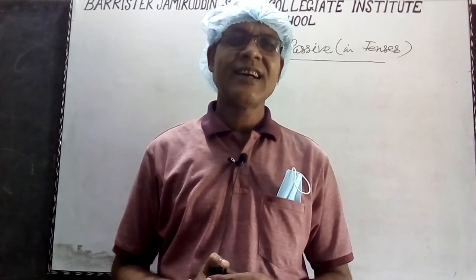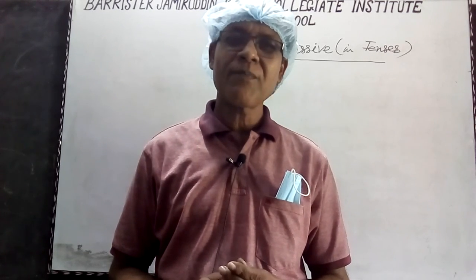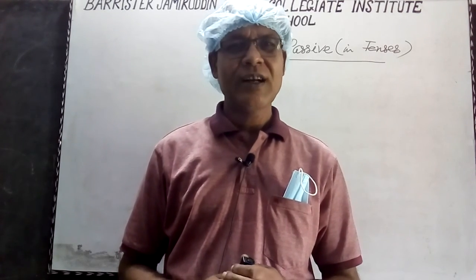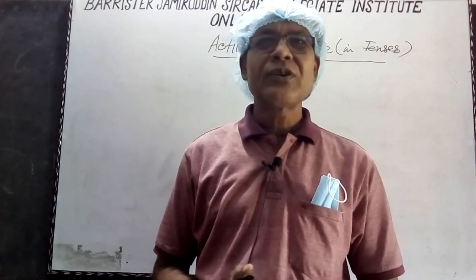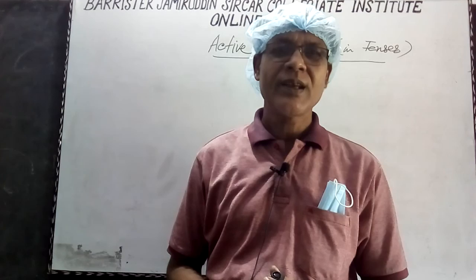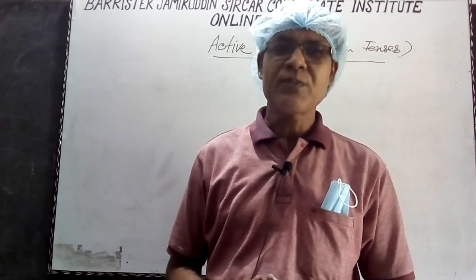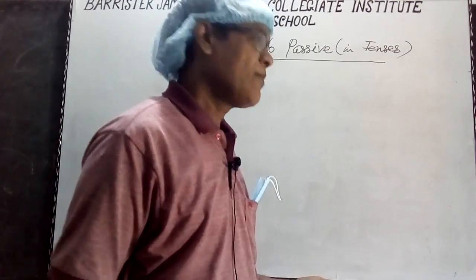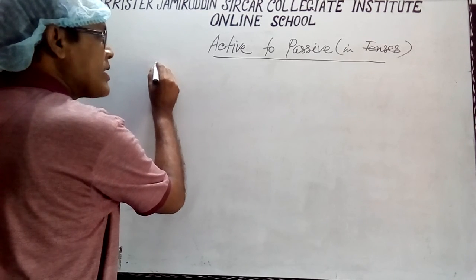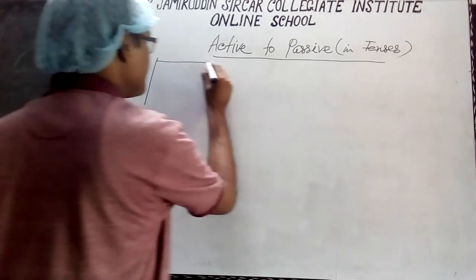And perfect forms are of 3: present perfect, past perfect, and future perfect. So there are 12 forms of tenses, and today we will learn active to passive in 12 tenses. Firstly, active to passive in present indefinite and past indefinite.